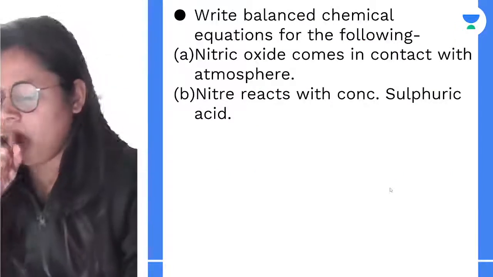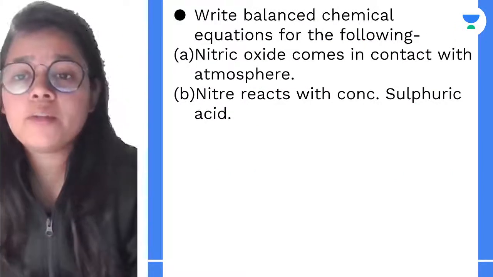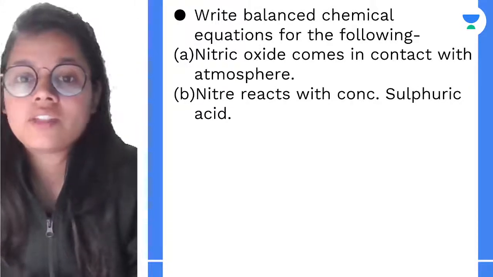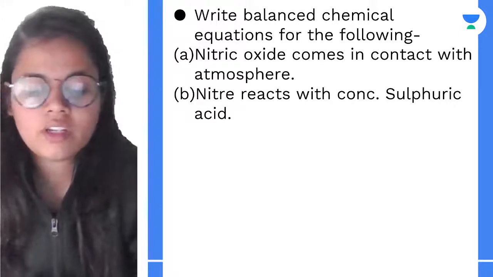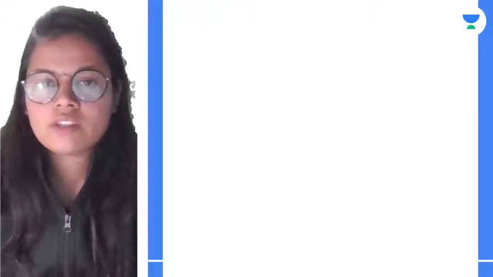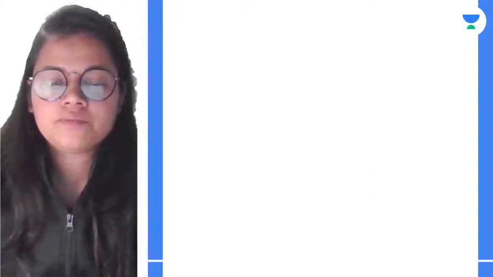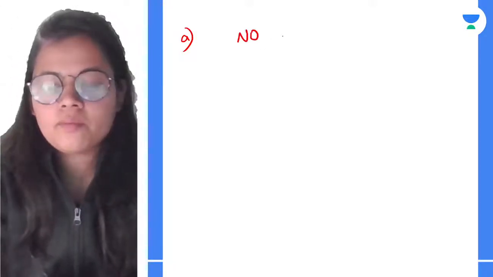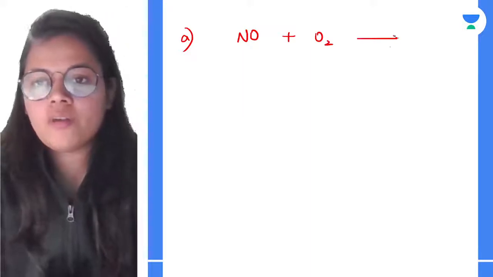Write the balanced chemical equation for the following: when nitric oxide comes in contact with the atmosphere. So what is present in the atmosphere? Oxygen. Nitric oxide is NO, and oxygen is present in the atmosphere. What does it form?